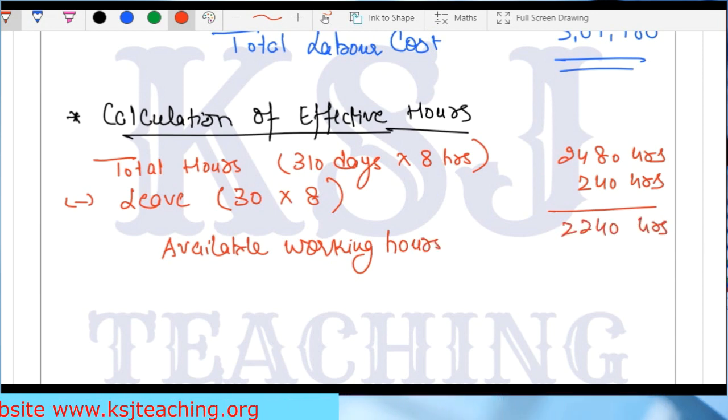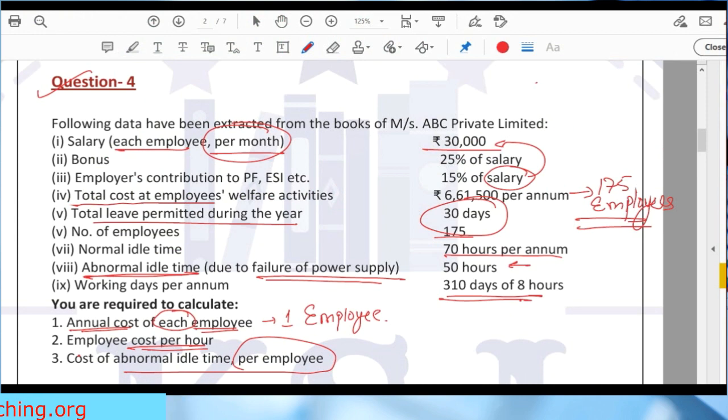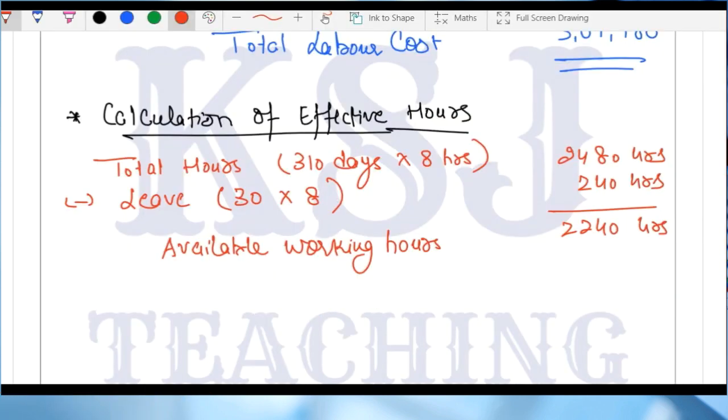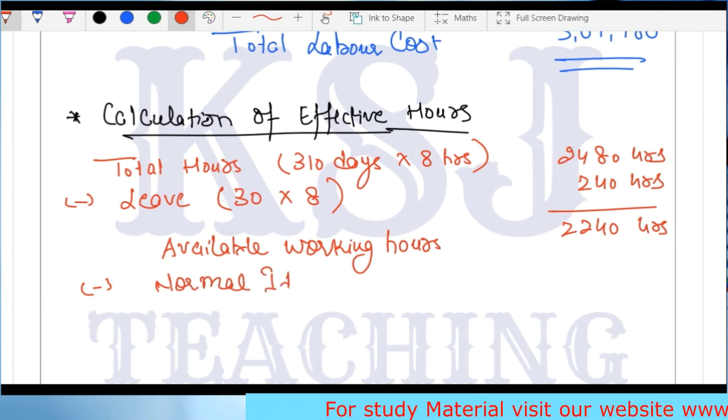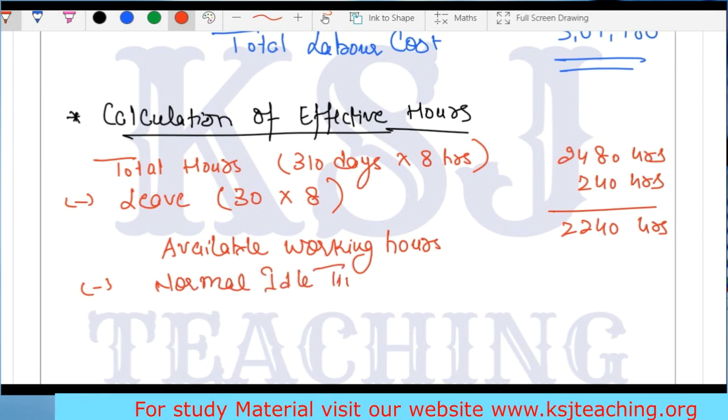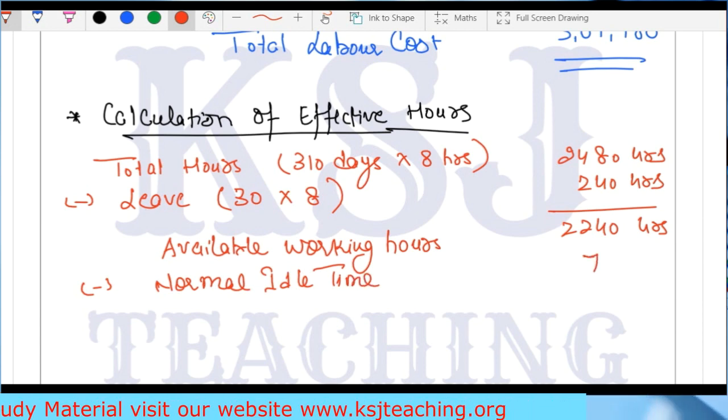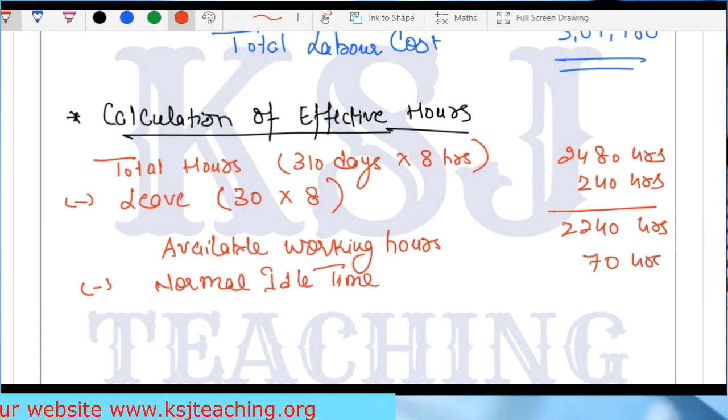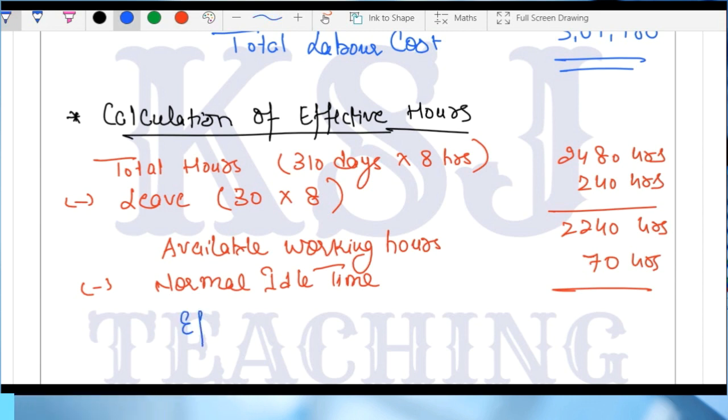Available working hours is how much? 2240 hours, right? Now out of this, we have the normal idle time of 70 hours, less normal idle time. How much? 70 hours, right? So what are the effective hours, sir? Effective working hours.